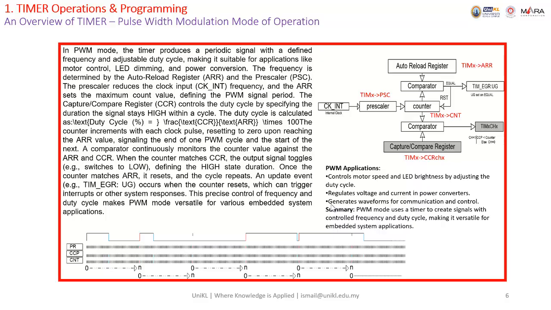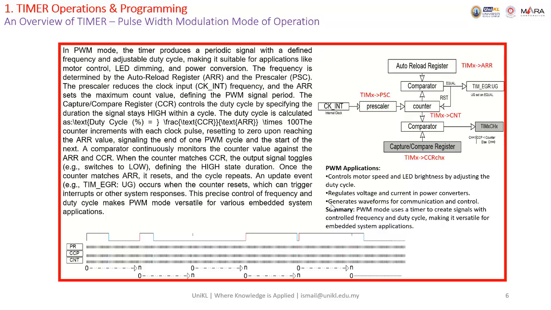Alright, so how does it work? Again, we need a fixed interval, so of course it must be the internal clock, fed to the prescaler to divide. It means that we can have different periods of PWM frequency.